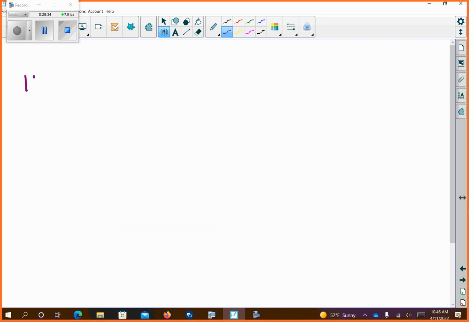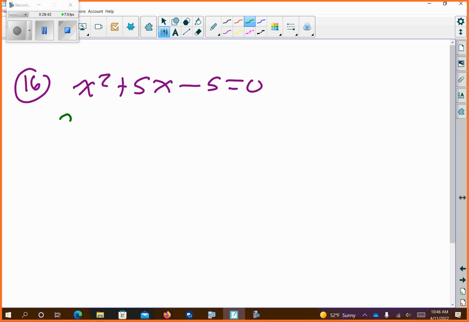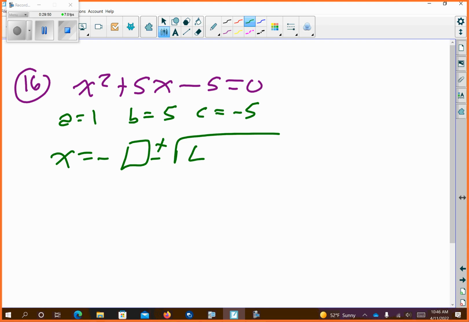Number 16. x squared plus 5x minus 5 equals 0. If you don't see it factoring right away, that's fine. So a equals 1, b equals 5, c equals negative 5. x equals negative blank plus or minus square root blank squared minus 4 blank blank all over 2 blank.